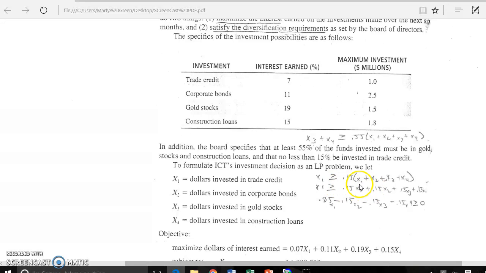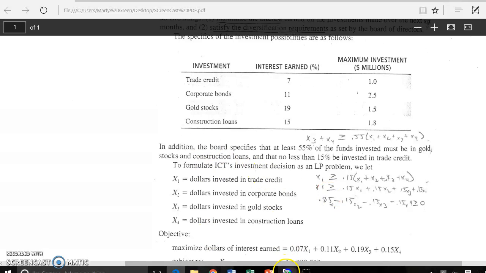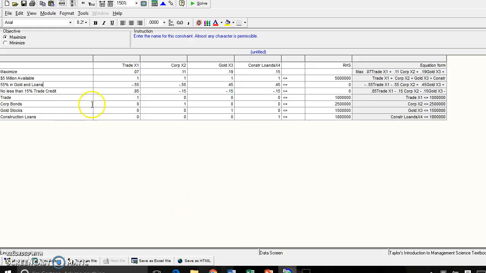We simply go through, solve for that equation, and we end up with the final equation of 0.85 X1 minus 0.15 X2 minus 0.15 X3 minus 0.15 X4 is greater than 0. We go back to our LP, and you can see I've already plugged that in right here for our equation.